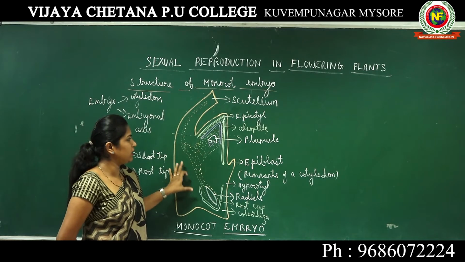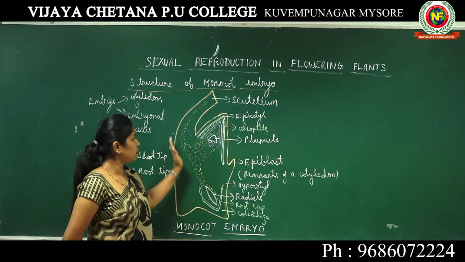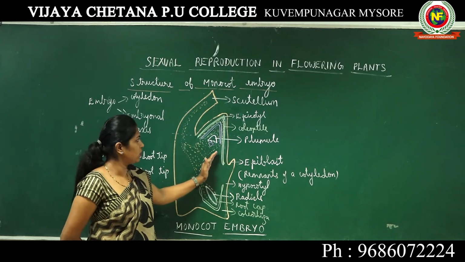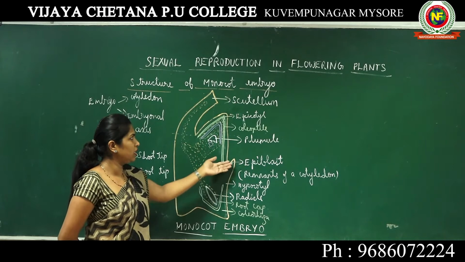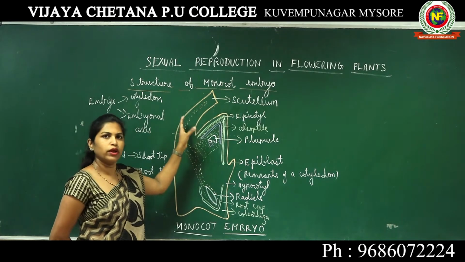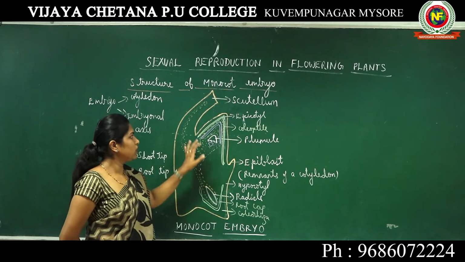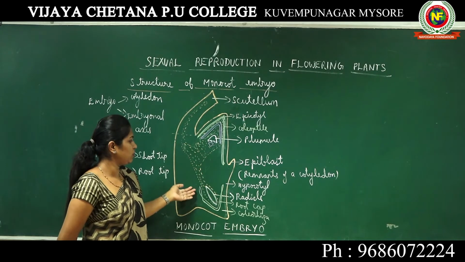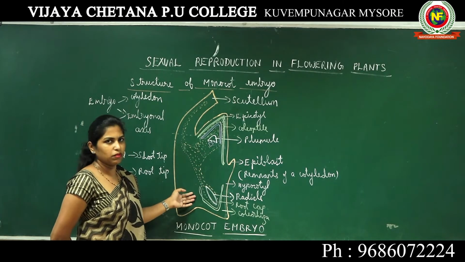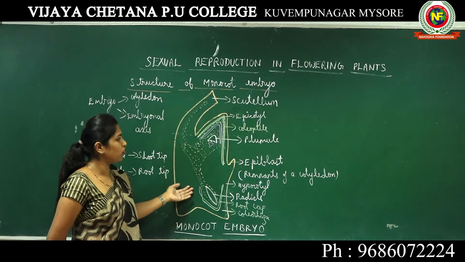If you find it difficult to draw this type of structure, you can draw the initial structure I had drawn, just representing coleoptile, coleorhiza, plumule, radicle, epiblast and scutellum. Okay, that would be more than enough. However, this is actually the ideal structure of monocot embryo, as given in your NCERT syllabus. Okay, I have explained all the structures belonging to a monocot embryo.